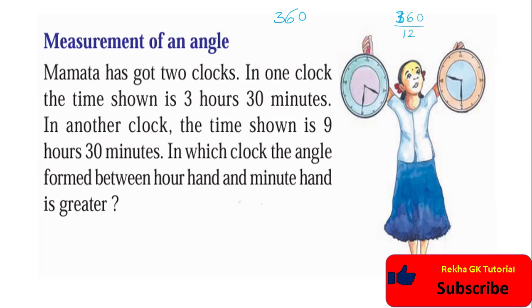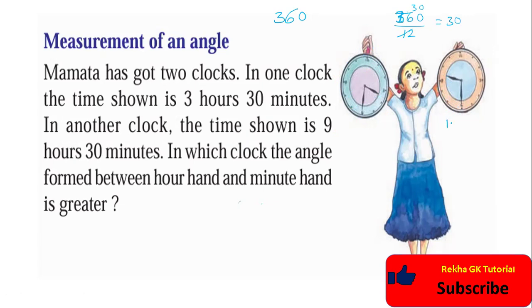This is 12: 1, 2, 3, 4, up to 12 numbers. 12 threes are 360, so 1 hour means 30 degrees. Here 30 degrees, 60 degrees, 90 degrees, and half means 15 degrees.